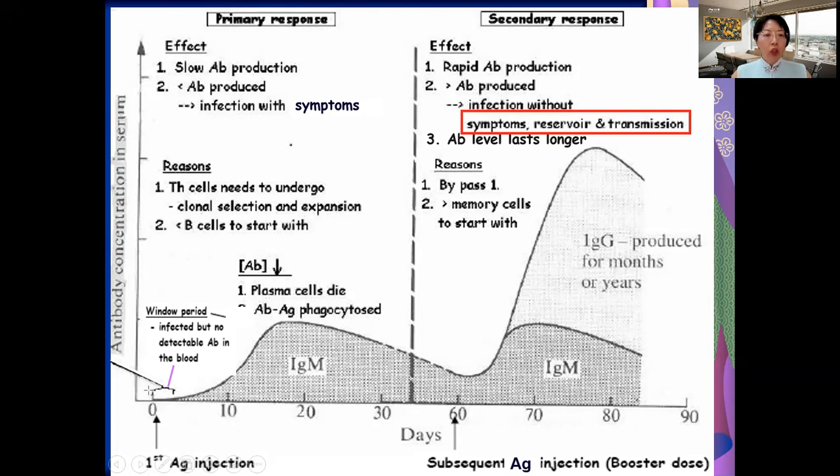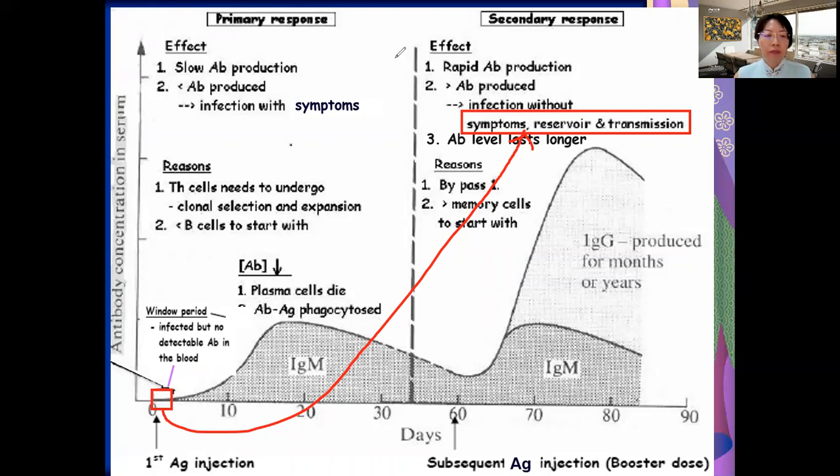During the window period, when this person is already infected but antibodies are not produced, it is during this period that this person will have symptoms, be a reservoir, and transmit. Symptom means this person will get sick. Maybe you have fever, flu, joint aches, muscle aches, feeling weak and so on. These are the symptoms, or maybe diarrhea.